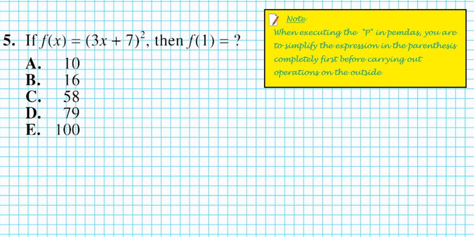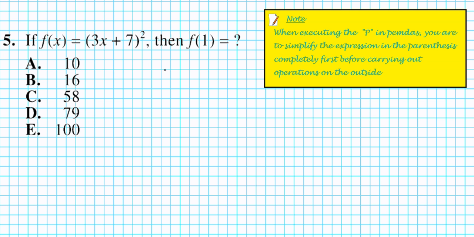Okay, let's take a look at problem 5, the last in this review installment. It reads, if f of x equals (3x plus 7) quantity raised to the second power, then f of 1 is. So this is a problem that involves evaluating a function at a particular input value.